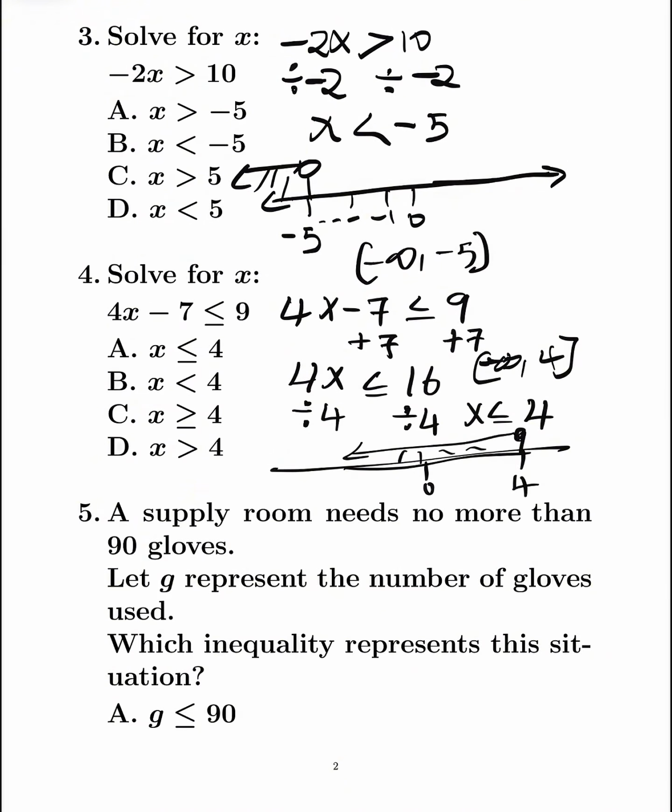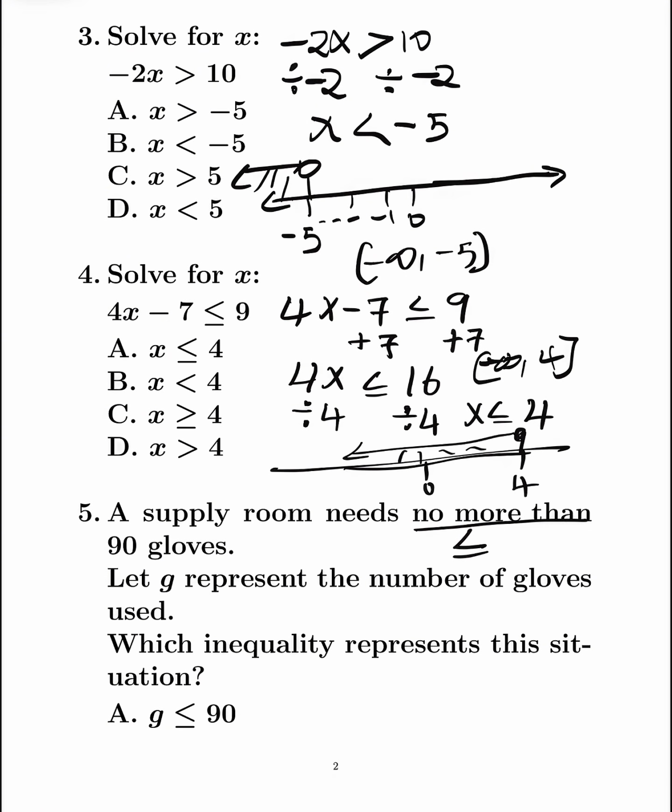Question 5: a supply room needs no more than 90 gloves. Let G represent the number of gloves used. Which inequality represents this situation? Remember, no more than in mathematics means less than or equal to.